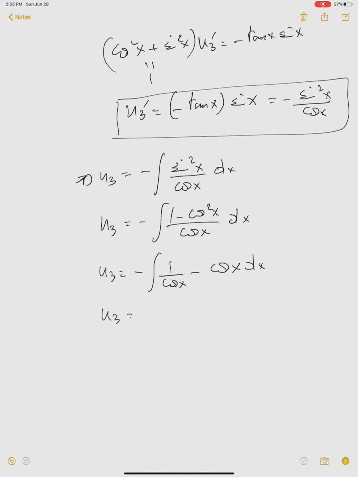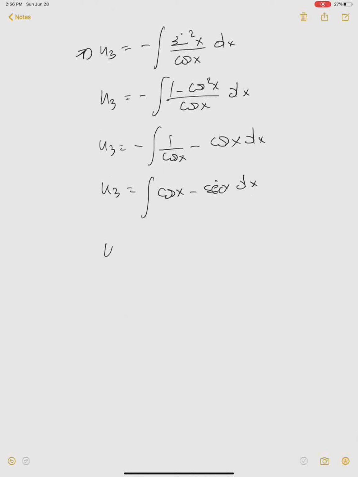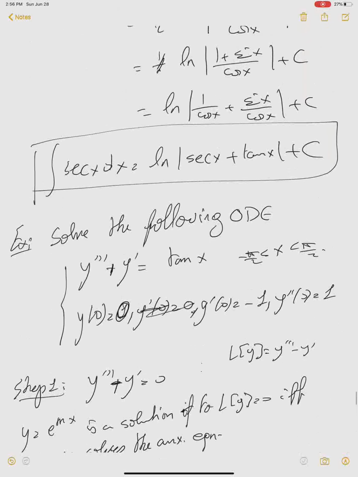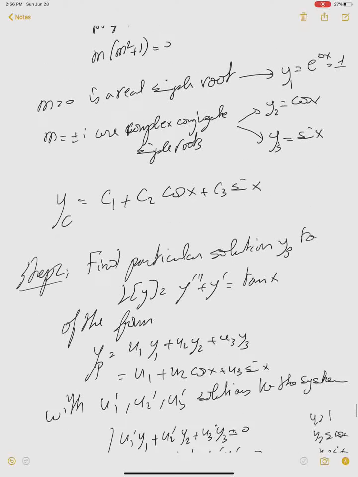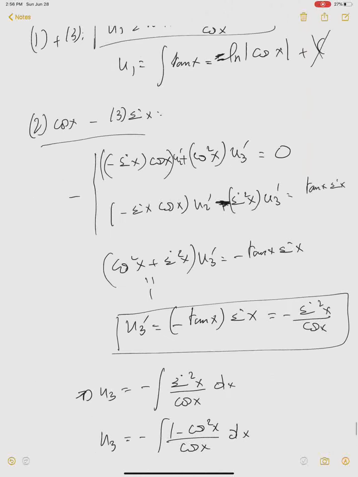So u3 equal the integral of cosine x minus secant x dx. So u3 is sine x minus log absolute value of secant x plus tangent x plus c. I got this integral from here. So this is u3. I still have u2 prime.